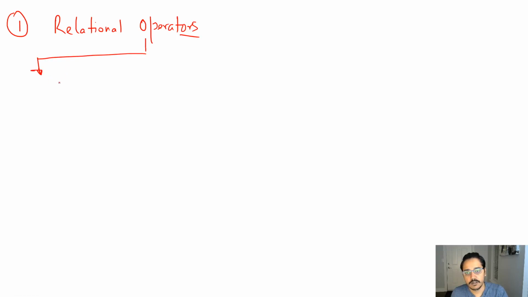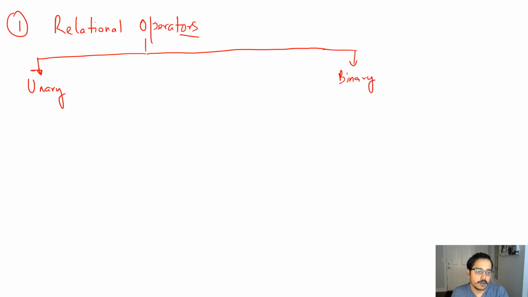The first category is unary operators, whereas the second category is the binary operators. Basically, unary operators are those operators which have a single operand, and binary operators require two or more operands, or basically two operands if you collectively do it.